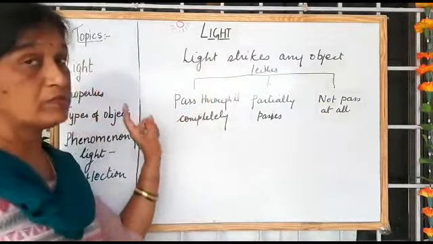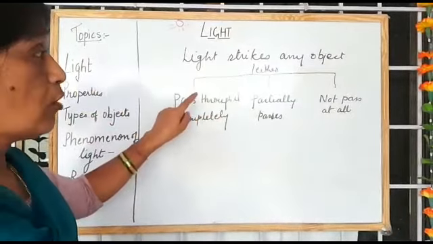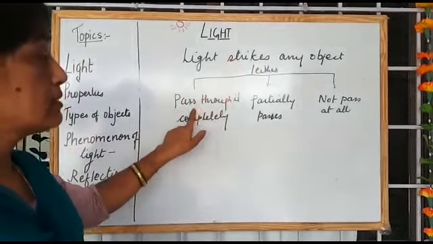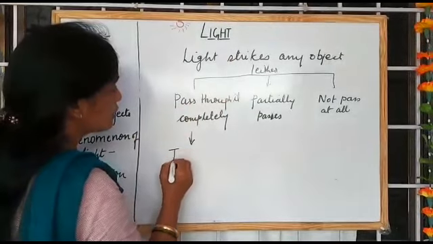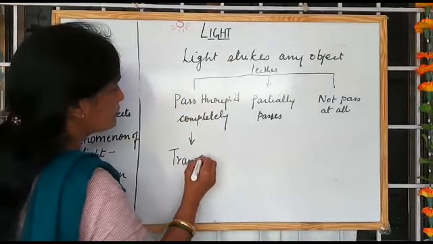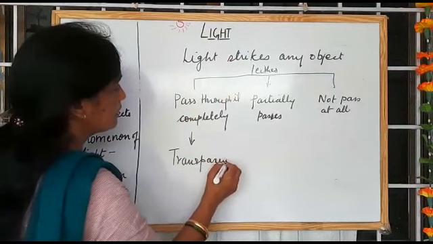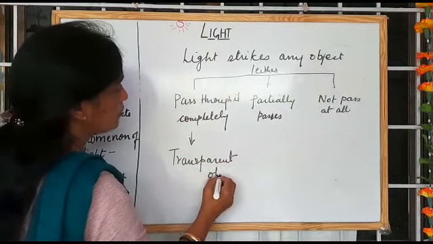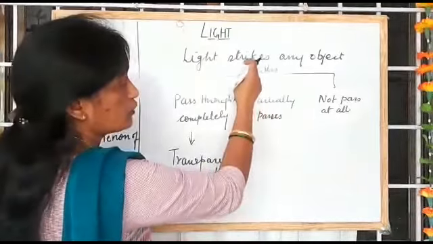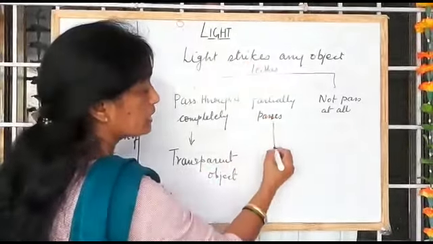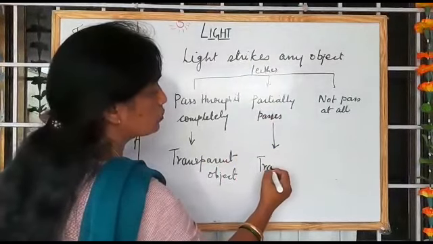So on this basis, the objects through which light passes completely, such objects are called transparent objects, okay? Transparent objects. And the objects through which light passes partially, they are called translucent objects.